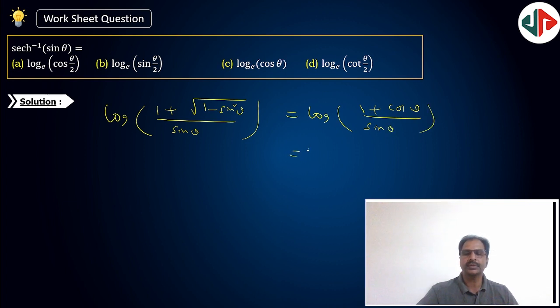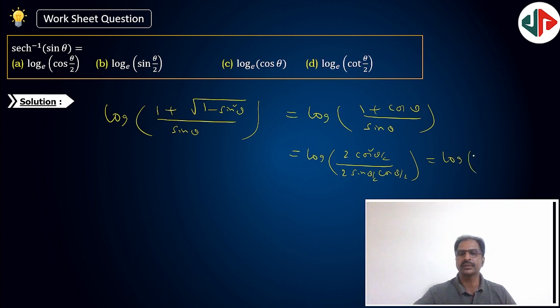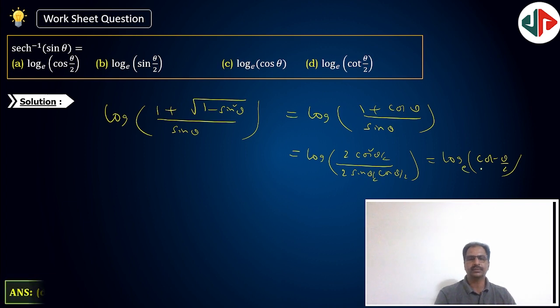What is 1 plus cos theta from multiple submultiple angles? 2 cos square theta by 2. Sin theta is nothing but 2 sin theta by 2 cos theta by 2. So that is equal to log of, 2 gets cancelled, cos gets cancelled, cos by sin will be cot. So log of cot theta by 2 base e. Option D is the correct answer.